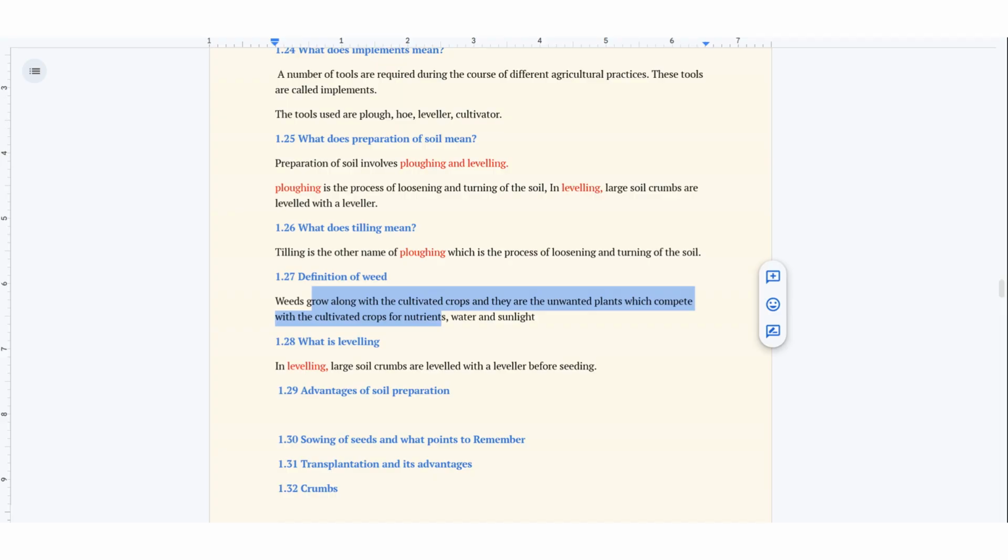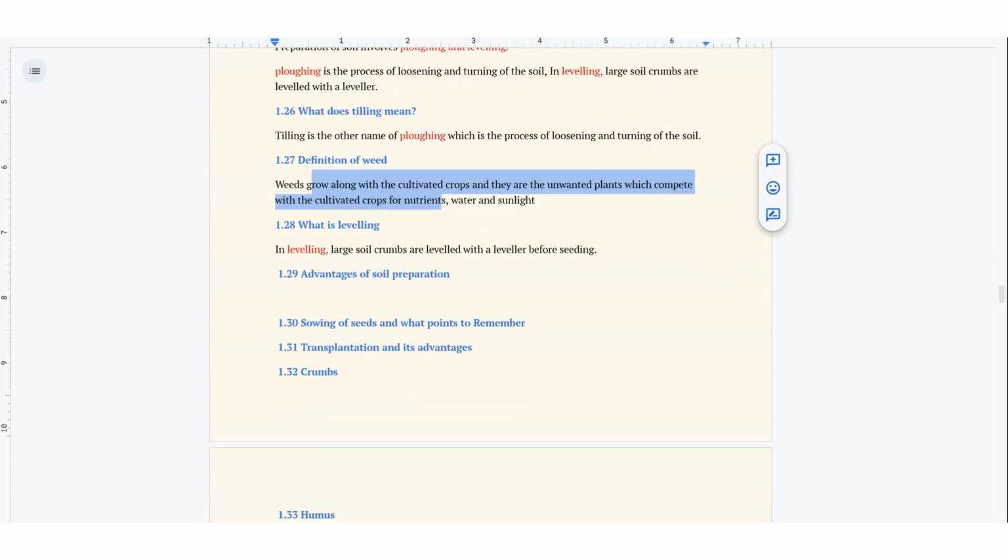If the plant is alone in the pot, it gets all the necessary items. But when another plant comes, they are absorbed by the other plant. So that is what is called weeds. One more time, weeds grow along with the cultivated crops, and they are unwanted plants which compete with cultivated crops for nutrients, water, and sunlight.